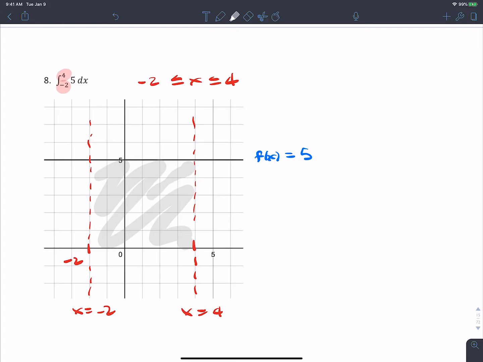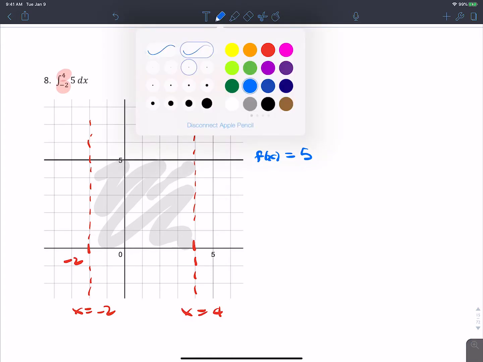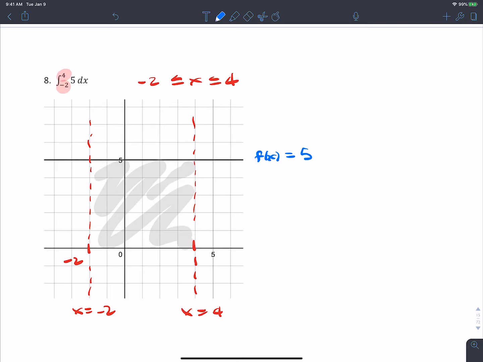So, I mean, if you know the geometry, can't I just multiply the length and the width? Right? You guys know what I'm talking about? So notice, here's your area, just so you guys know. Here's my length and my width. What's the length of this? And what's the width?